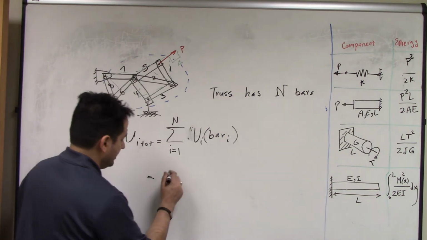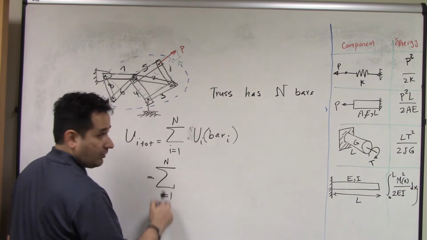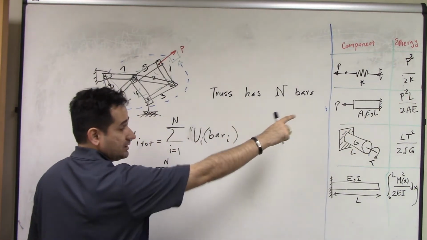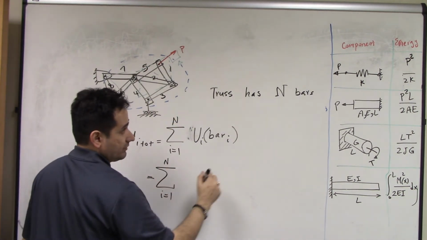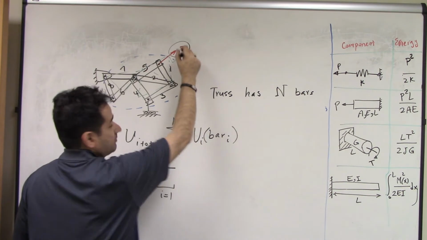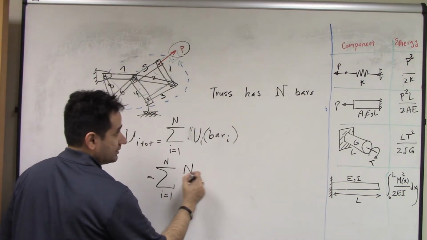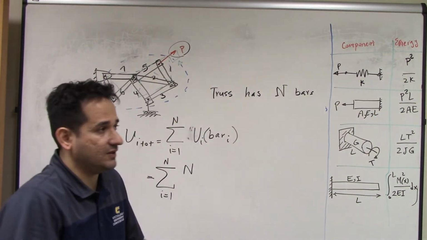So I write here summation i from bar 1 to n, then I use this formula. P is the load in that bar. Let's call it N because we don't want to be confused with the P that we use to find the deflection. So I say N, the load in that bar; instead of P you can say N, you can say F, it's just a symbol.